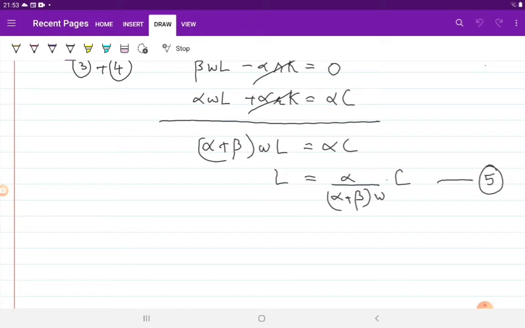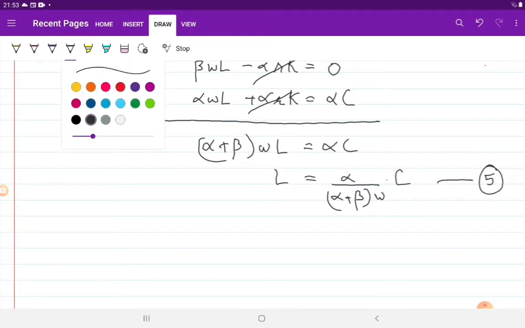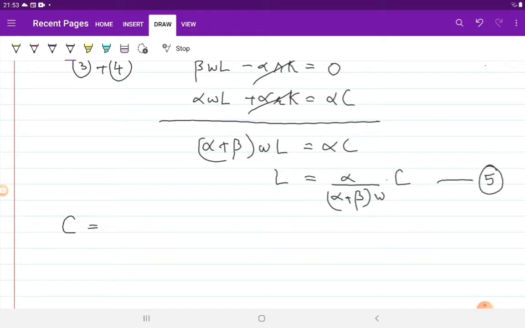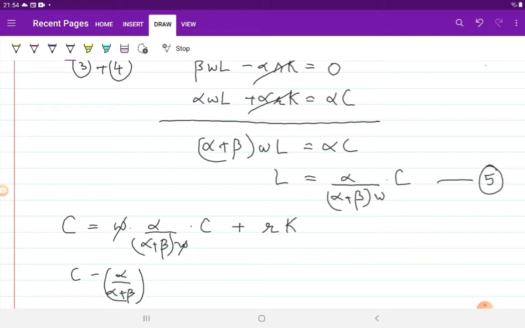So doing that, I will get C is equal to W times alpha by alpha plus beta W into C plus R times K. Here, taking alpha by alpha plus beta times C to the left hand side, I get it in this form.